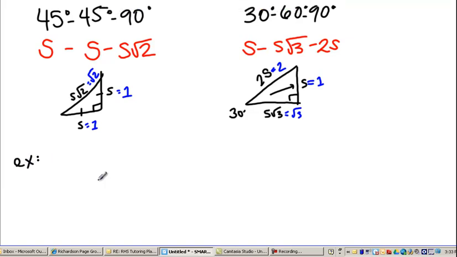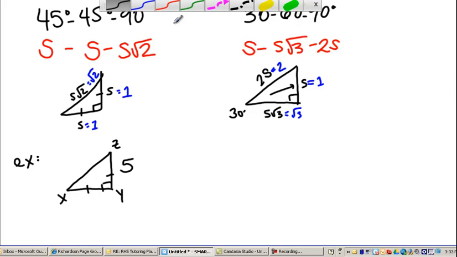Okay? If I gave you a triangle, and I told you it was a 45, 45, 90, let's name this Y, this Z, and this X. Okay? So if I told you YZ was 5, would we be able to find the other two sides?